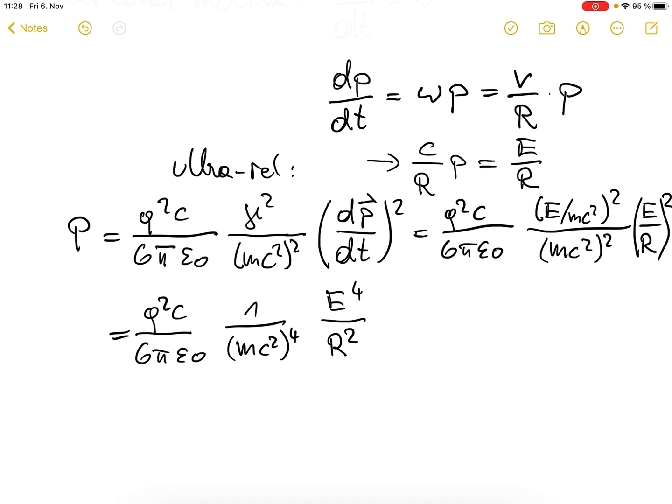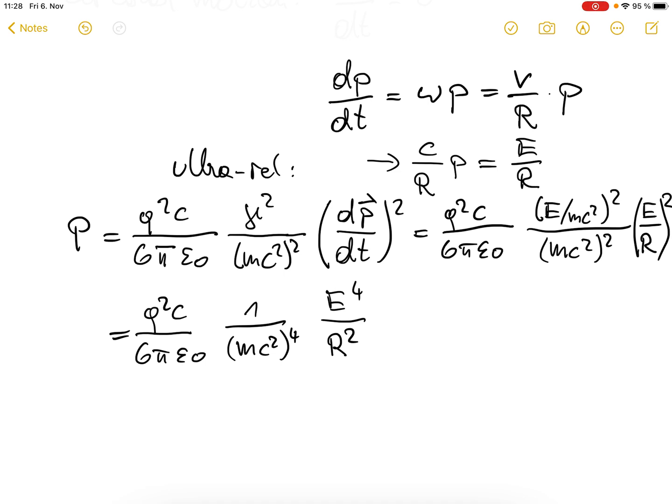And this formula is very important in the design of accelerators, because it tells us many things. First of all, the power dissipation of a charge on a circular motion is suppressed by the 4th power in the mass.